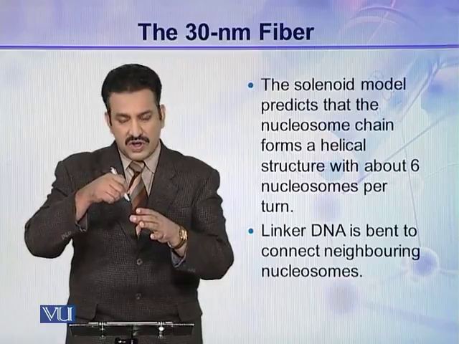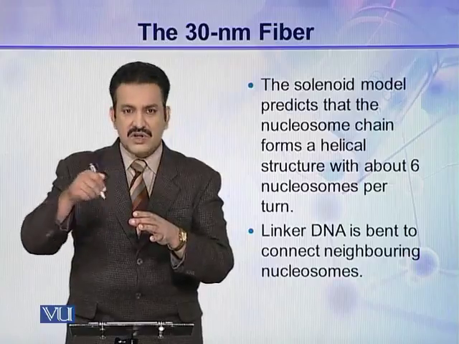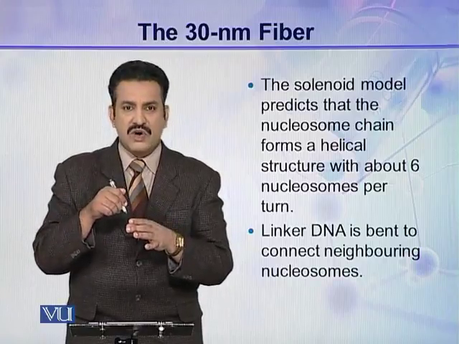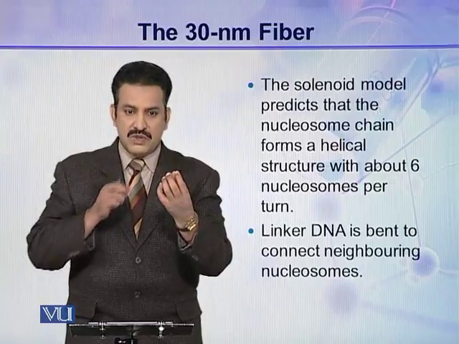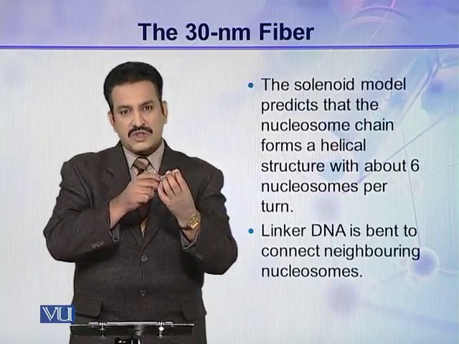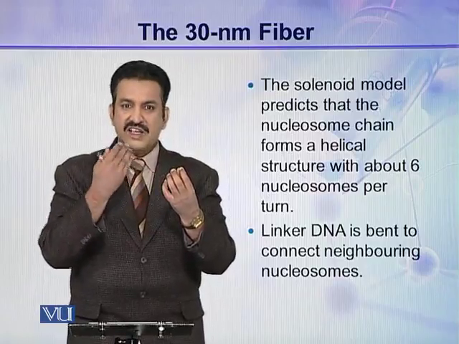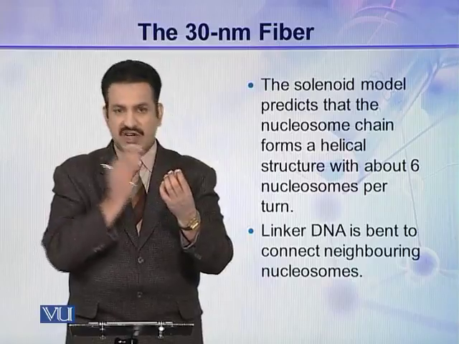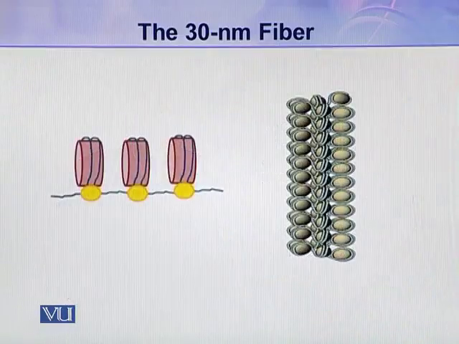According to this model, the linker DNA cannot acquire a straight path, because after one nucleosome, the other nucleosome is present at some angle. So this linker DNA is bent, it is not straight. This is the solenoid model, as you can see in this diagram.